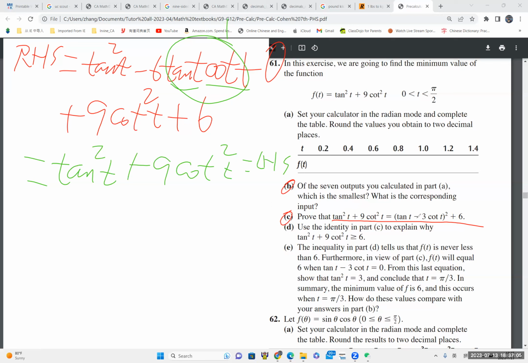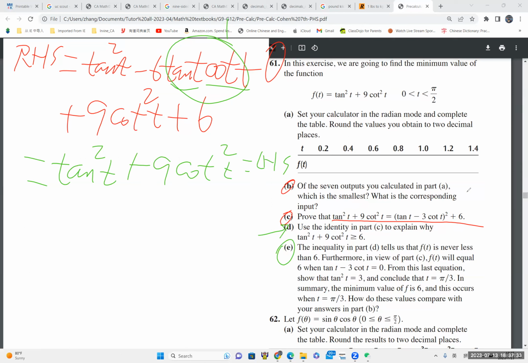Yeah, because this is a complete square. We know only when this equals 0, you get its minimum value 0, right? Otherwise, after squaring it is always greater than 0. So part D is easy to explain. Now let's go to part E.